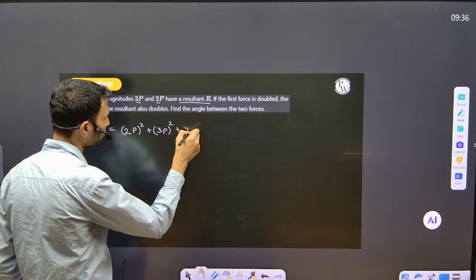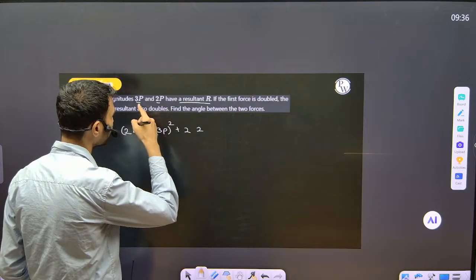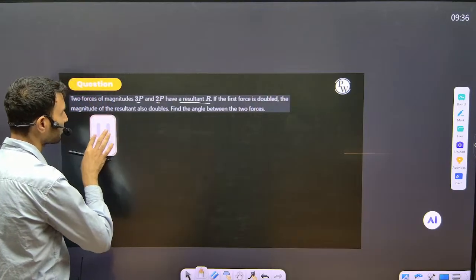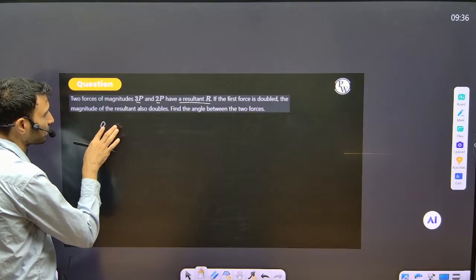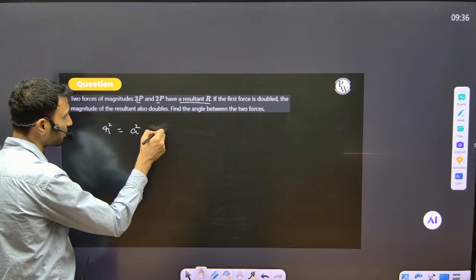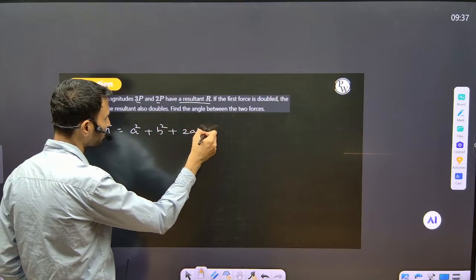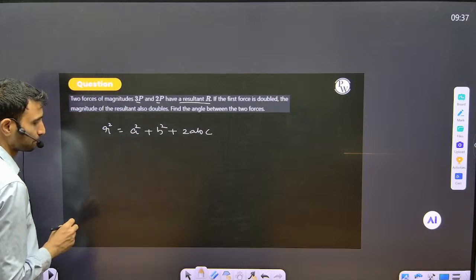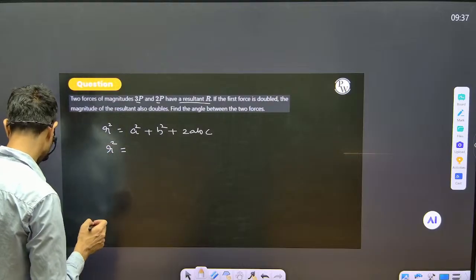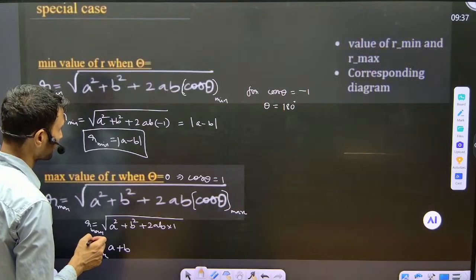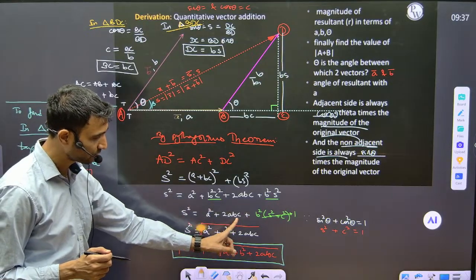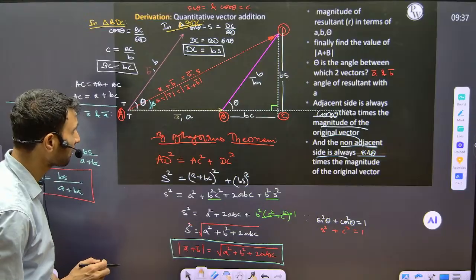We know that resultant square is A square plus B square plus 2AB cos theta, if you remember, right? We made this formula in the derivation. Where is it? Here it is. See, R square is equal to A square plus B square plus 2AB cos theta, right? That formula we have.